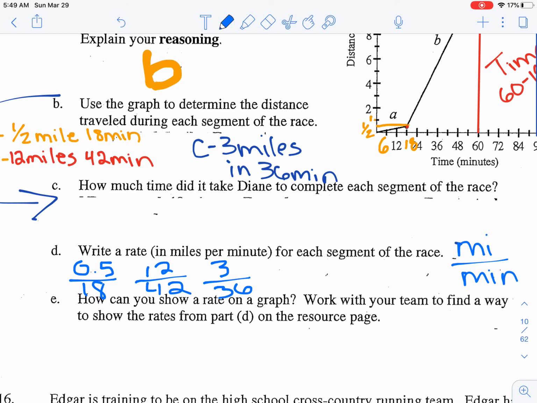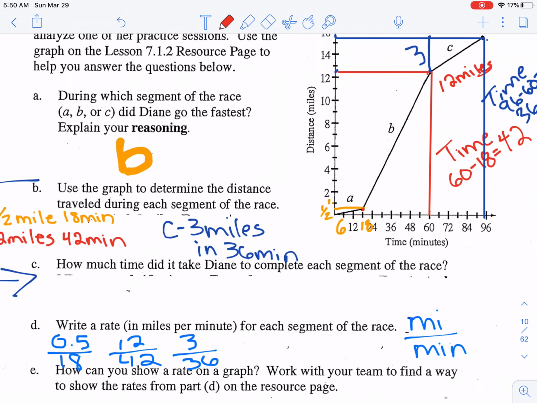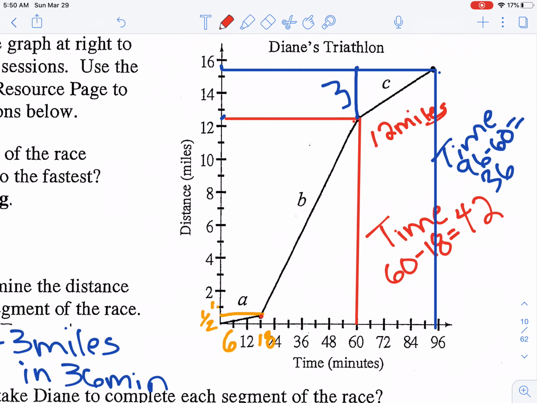How can you show a rate on the graph? Work with your team to find a way to show the rates from part D on your resource page. If you did kind of what I did, that's how you find the rate. If you look specifically at B, you can see that I drew that line straight up, and if I drew a line straight over, that makes a triangle.